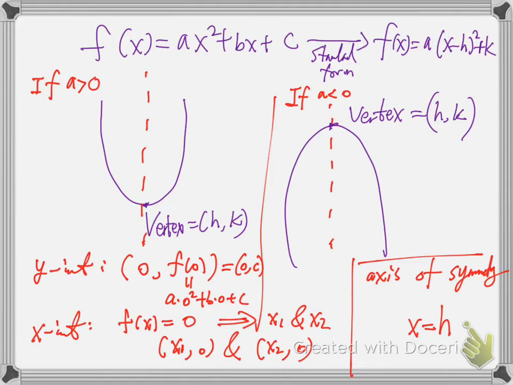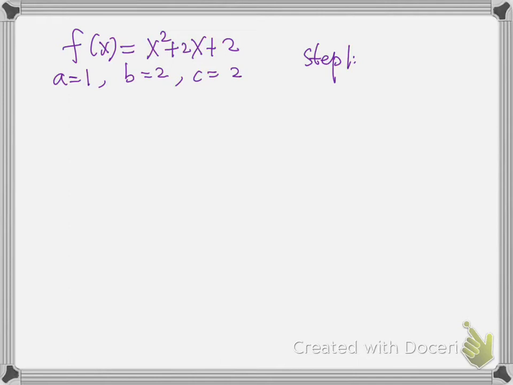A very easy example. Let's say f of x is x squared plus 2x plus 2. So a is 1, b is 2, c is 2. Step 1, find (h, k), the vertex. h is negative b over 2a, and k is f of that.